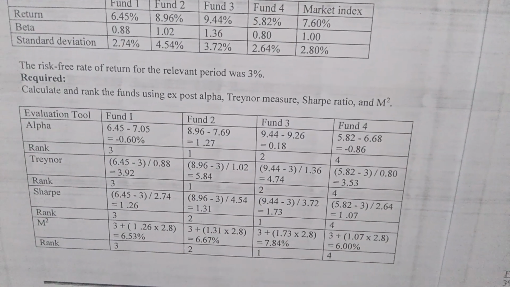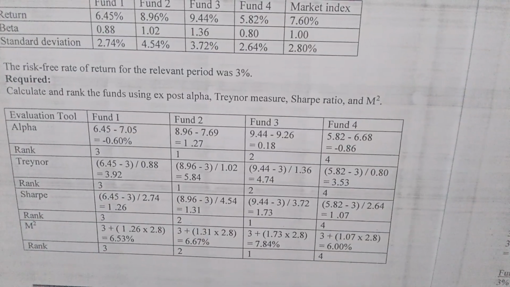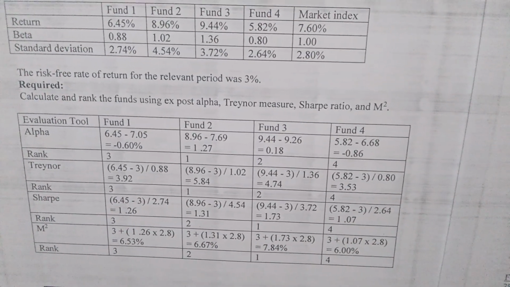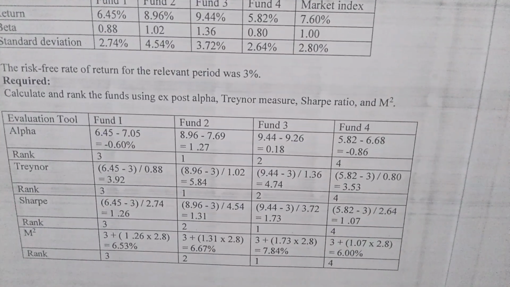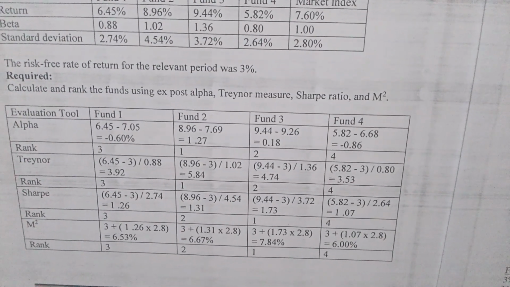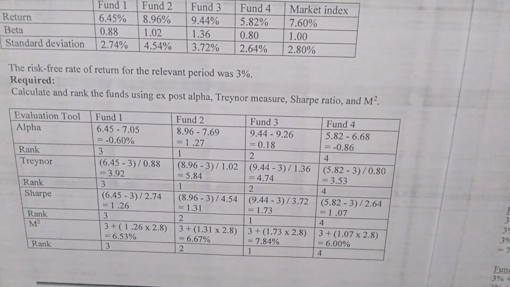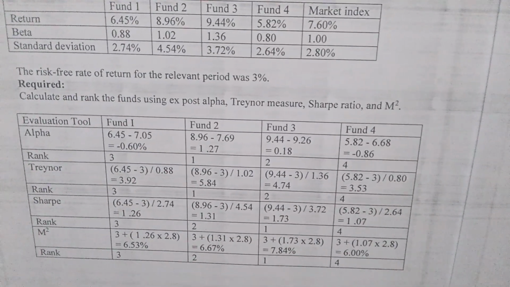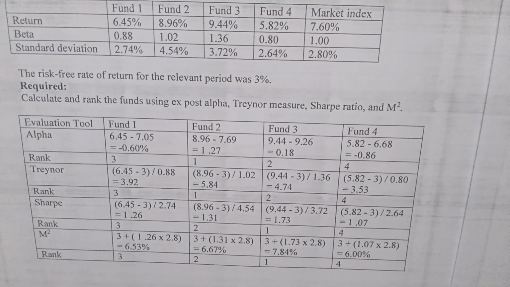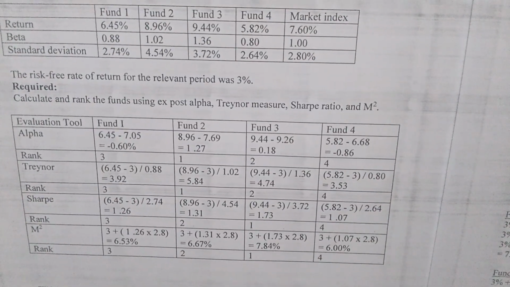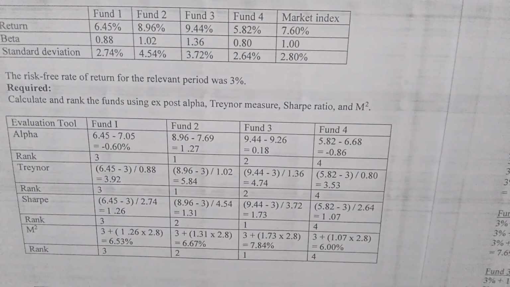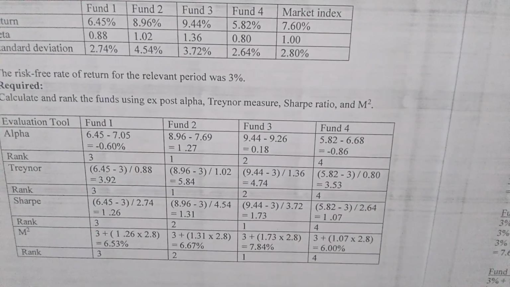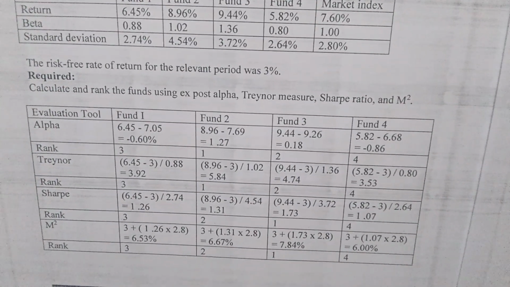Required, calculate and rank the funds using: number 1, ex post alpha; number 2, Treynor's measure; number 3, Sharpe's ratio; and number 4, Modigliani and Modigliani.